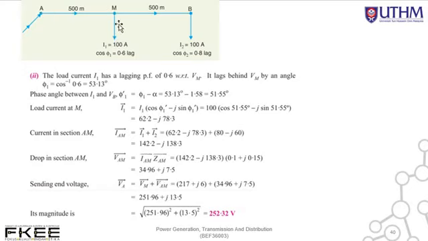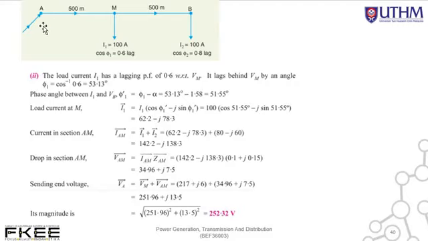So how do we calculate VAM? First, you apply KCL at node M, where IAM is equal to I1 plus I2. VAM is then simply Ohm's law across this section, which is IAM multiplied with ZAM, and the final answer is 34.96 plus j7.5.